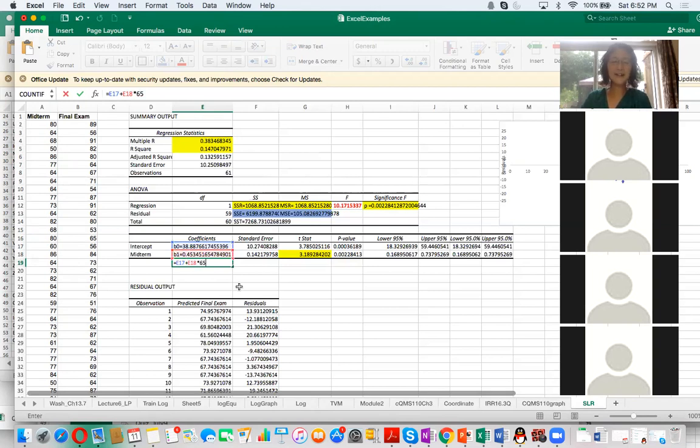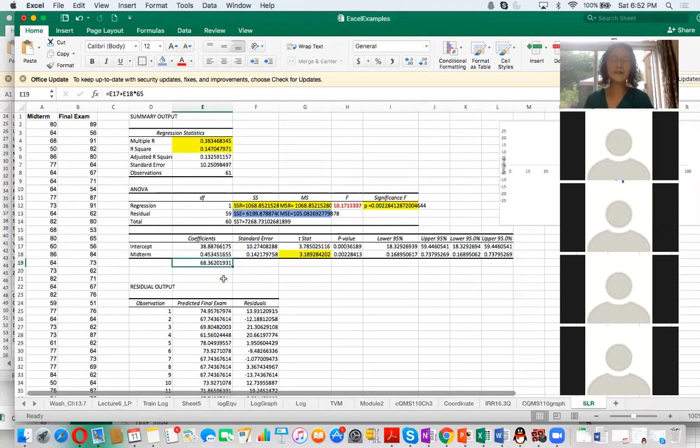Because I cannot use the cell reference, I have to delete this B0 label because I made the annotation. So now let's do it: equals B0 plus B1 multiplied by the student's midterm, 65.